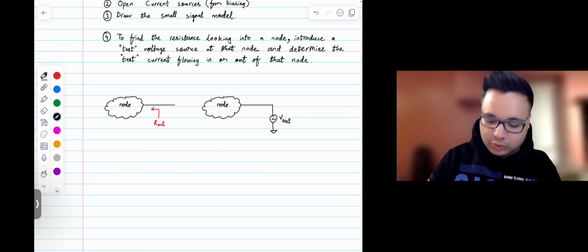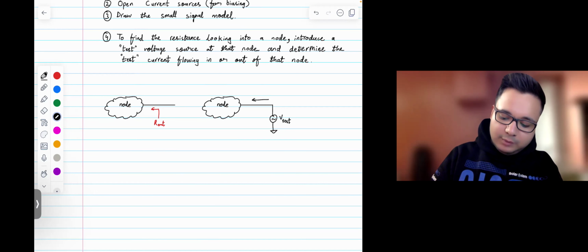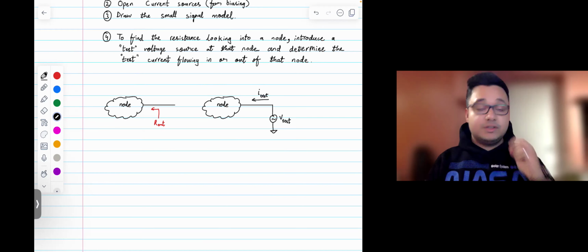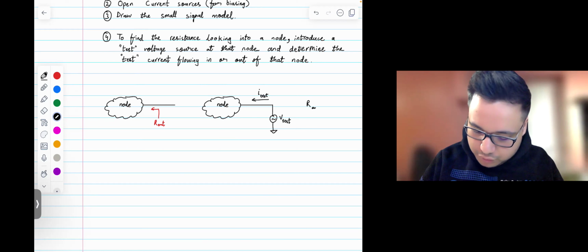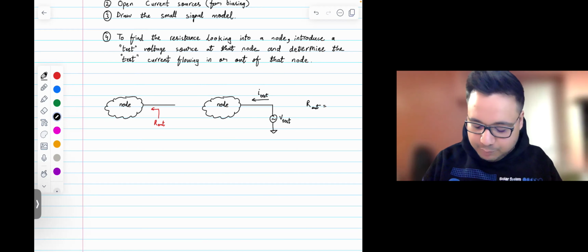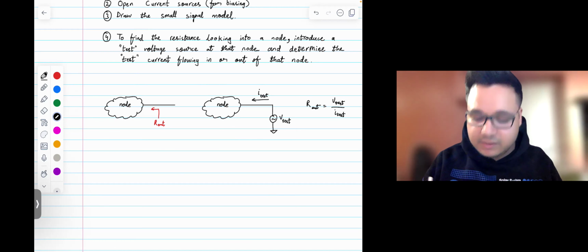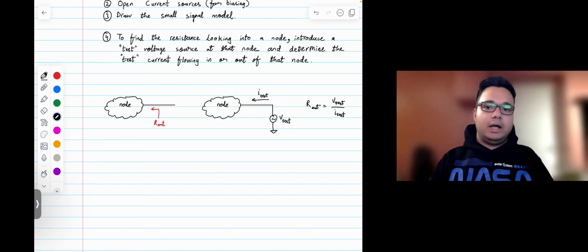This is a small signal source, by the way, and we look at the small signal current at this node, all right? And so what this means is the Rout would be simply Vtest over Itest, all right? So that's basically how we find resistance looking into any node of a circuit.